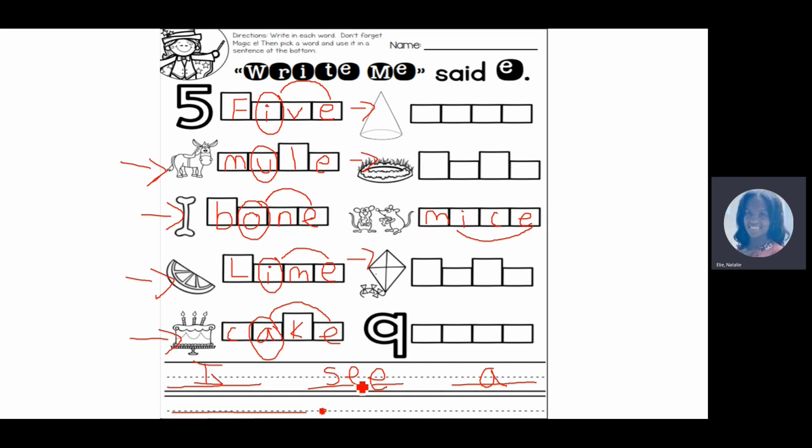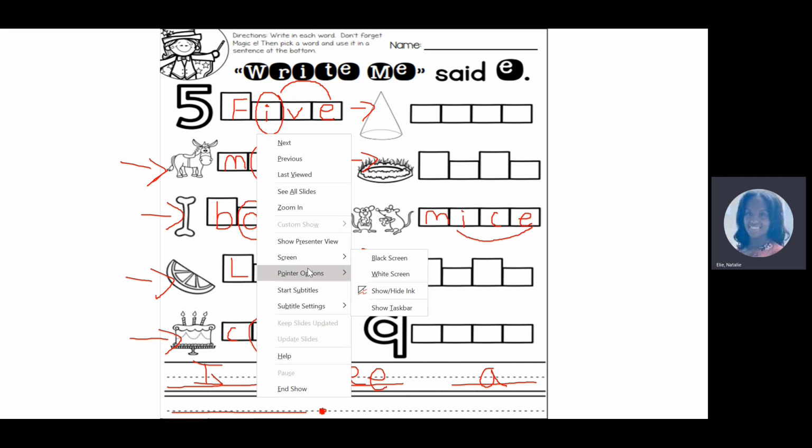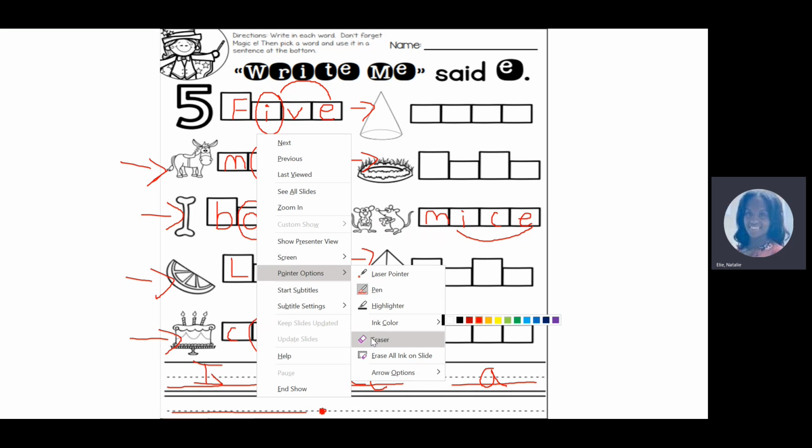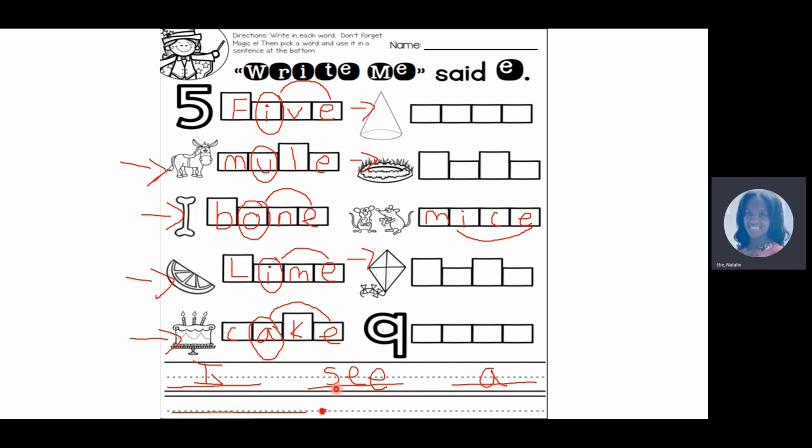I see a mule, right? Mule on the blank line. I see a bone. You can write the word bone on the last line.